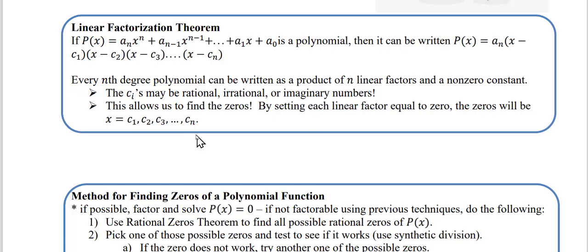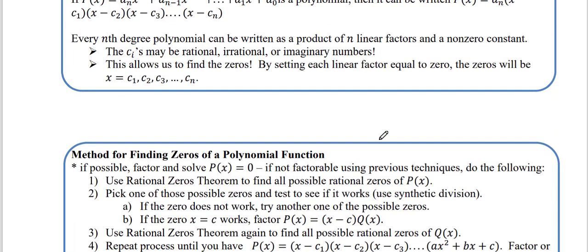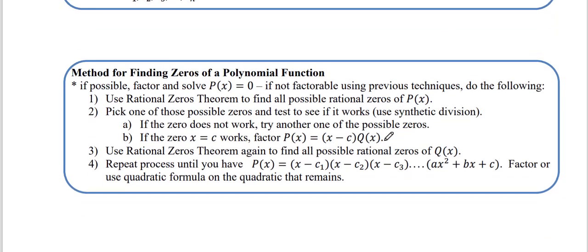If they are something we can work with, that'll help us find the zeros. Because once we have it factored like that, all we have to do is set each of those factors equal to 0 if we're trying to solve where p of x is equal to 0, which is the definition of finding the zeros. So that's pretty nice that we can find those easily.